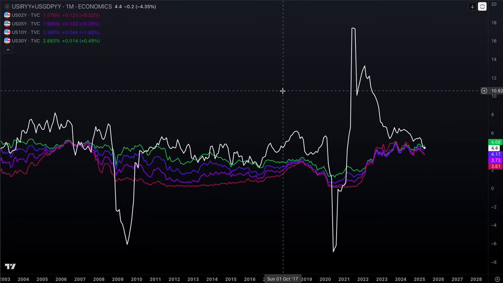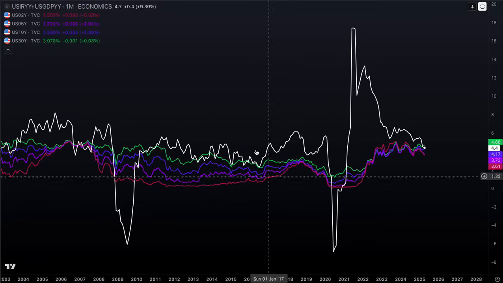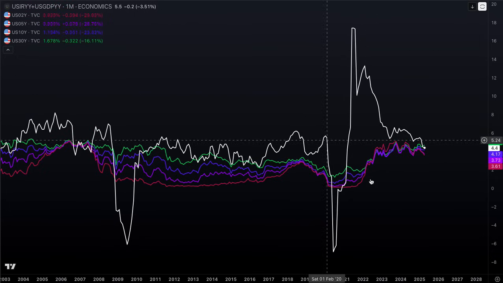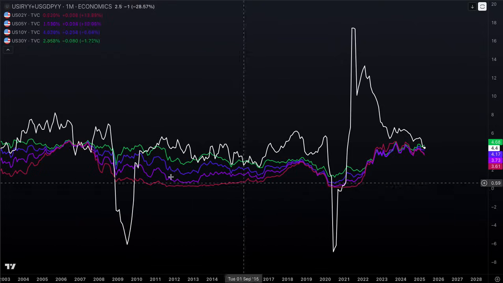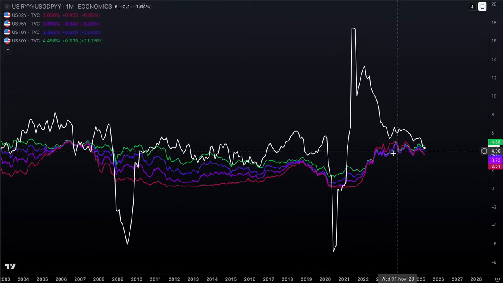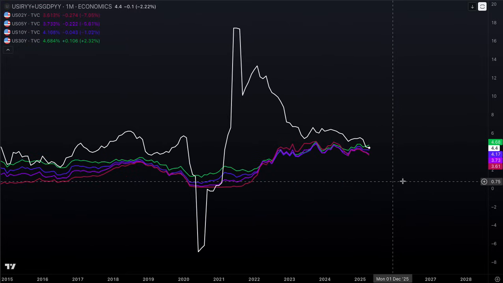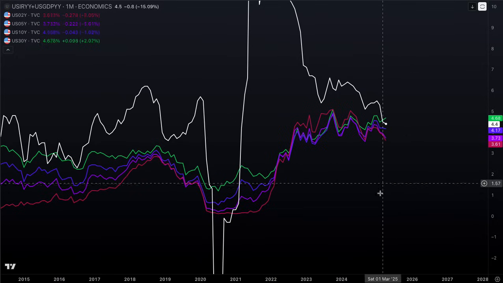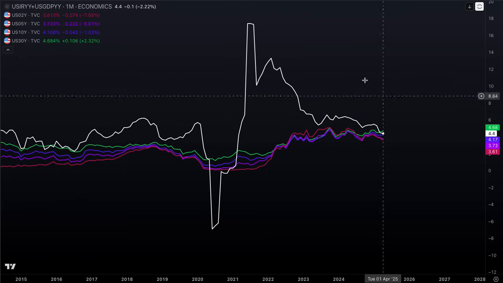So here, hopefully this will look familiar to anyone watching my channel. Here you have nominal growth in white, and then we have the cost of the debt. I have four different maturities here: the 2-year, the 5-year, the 10-year, the 30-year. One of the things when it comes to interest rates that I think is arguably the most important is this directional trend down in nominal growth.